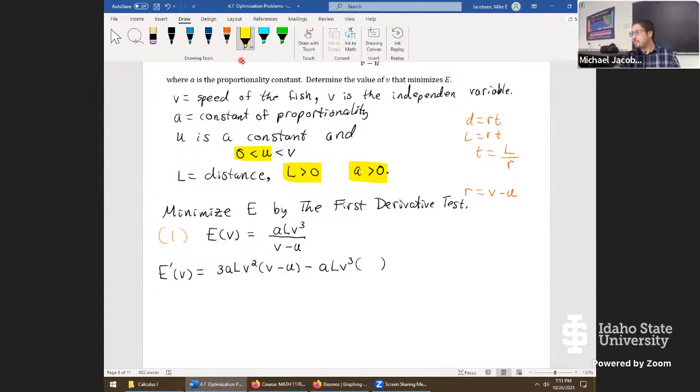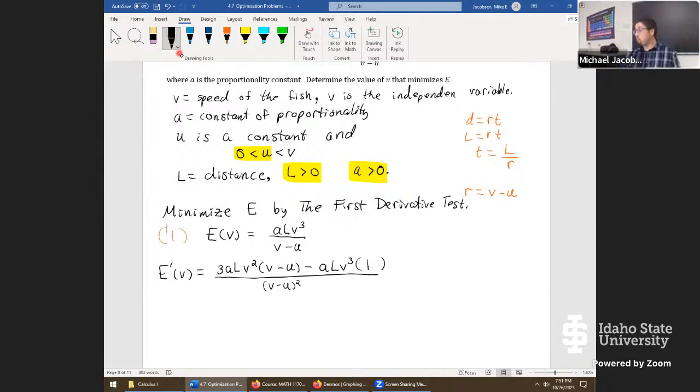The only reason is when they specify e of v, it means v is the variable, u is the constant. That's really tough, right? This is not the most friendly problem in the world. It's about dealing with these constants when you can't just throw them away. So this one will turn into a positive one. Then finally down in the denominator, just a v minus u squared.